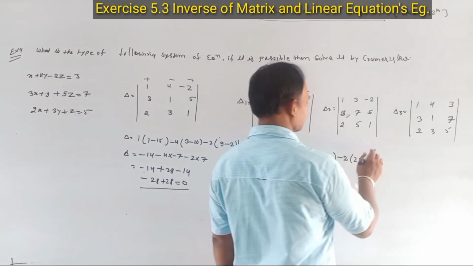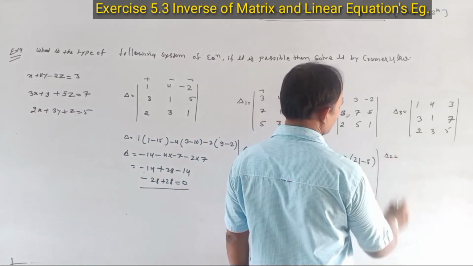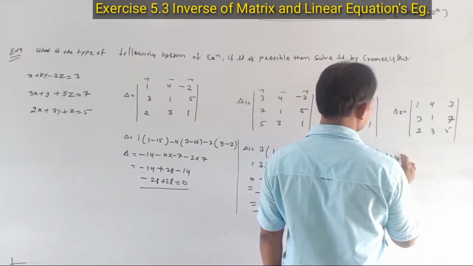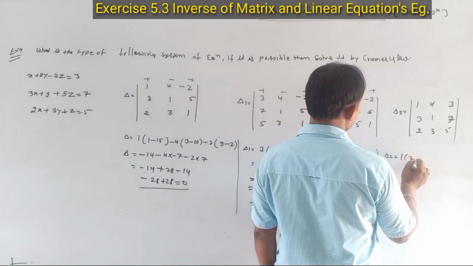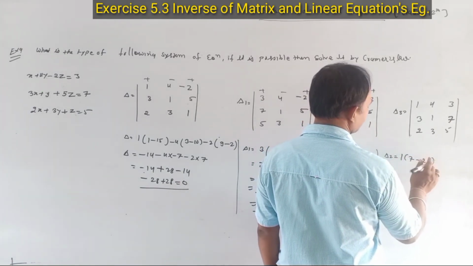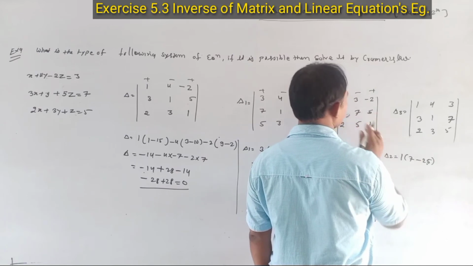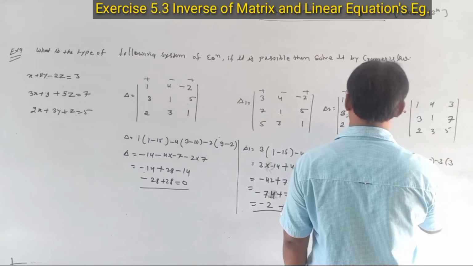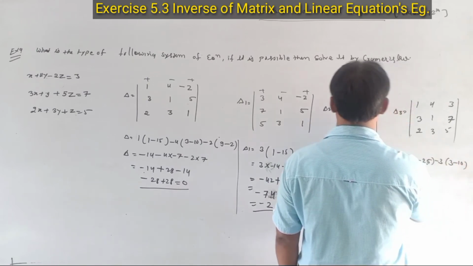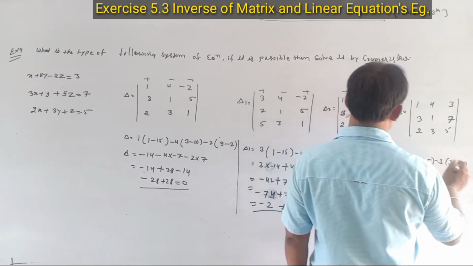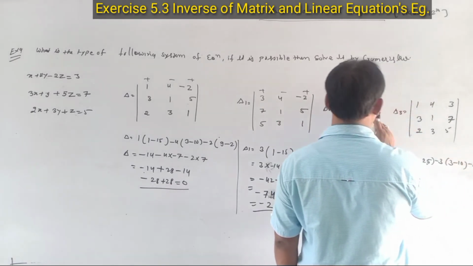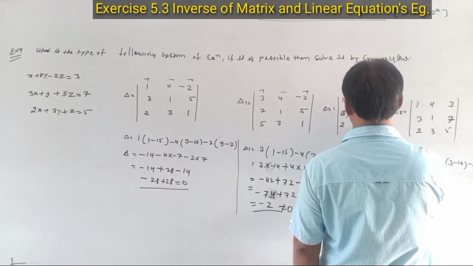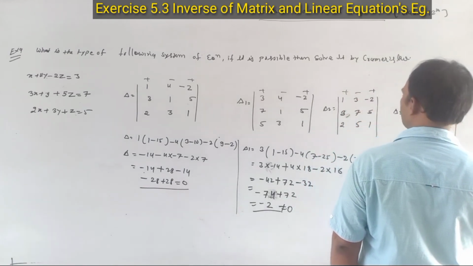Let's see delta 1. Now we are going to find delta 2. Delta 2 means plus 1, 7 minus 25, minus 3, it is 3 minus 10, it is minus 2, so it is 15 minus 14.